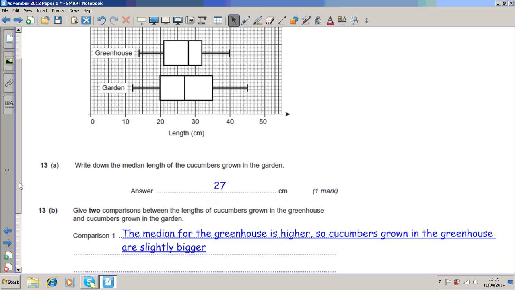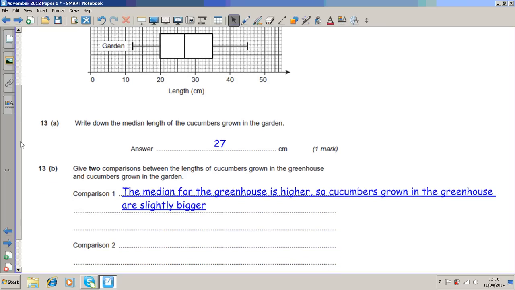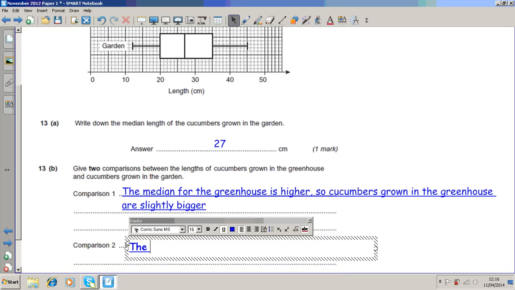Number 2. So I'd look at the interquartile range, look how wide that box is compared to that one there. The interquartile range for garden is 15 centimetres, and for greenhouse, 32 take 21 is 11.